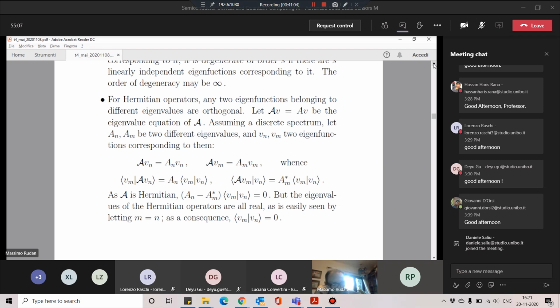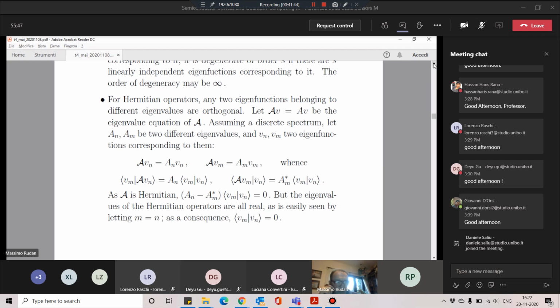So we may state that every eigenfunction of a Hermitian operator is orthogonal to any other eigenfunction that belongs to a different eigenvalue. And then every eigenfunction that belongs to an eigenvalue can be made orthogonal to the other eigenfunctions that belong to the same eigenvalue. And they stay orthogonal with respect to the others belonging to different eigenvalues.